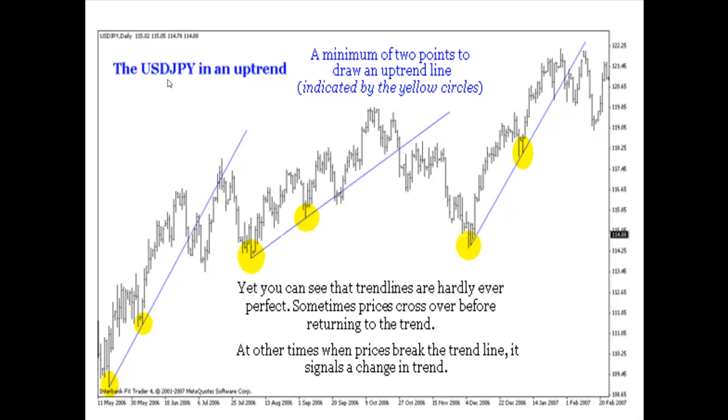Here is USD Japanese yen in an uptrend. So what you do, if you can see these yellow spots, you join these two spots together and let the line go through as high as you can make it. And when you see the market coming down, touching this line, you buy at that time, because the market is in uptrend. Here the market comes down, you buy again.